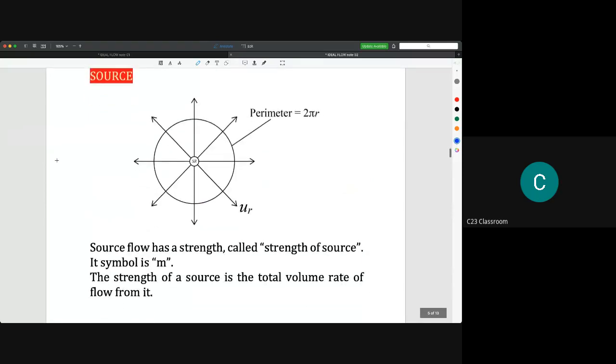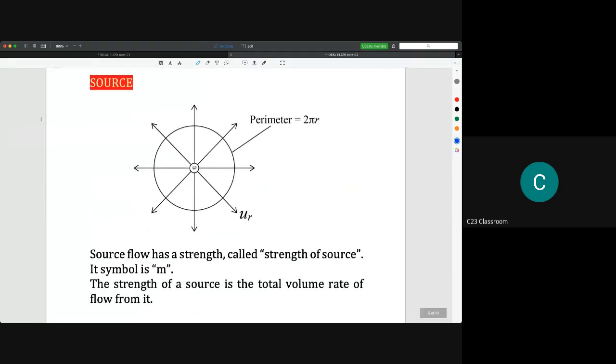Okay, now we would like to explain to you about the source. Okay, source ni sebenarnya ialah, you just imagine that you have one source, satu sumber. Let's say you have one source of water here, and you just imagine that you have a sink here, and you have a hole at the center.